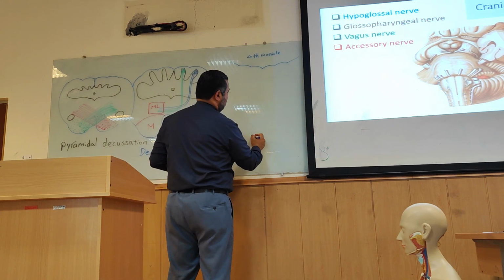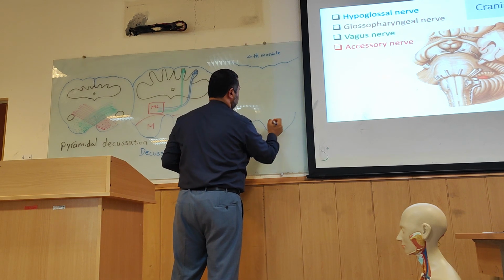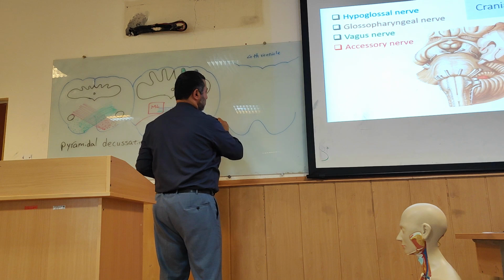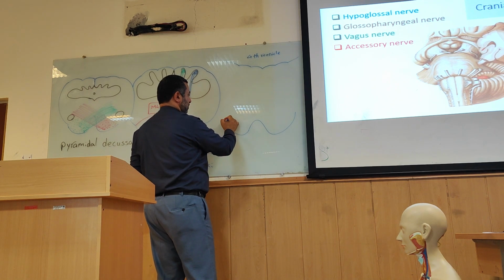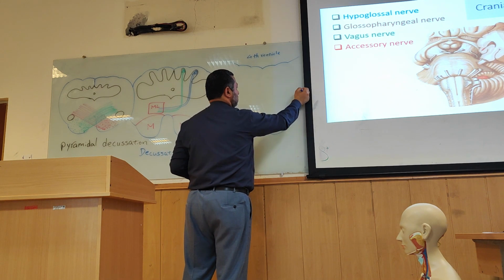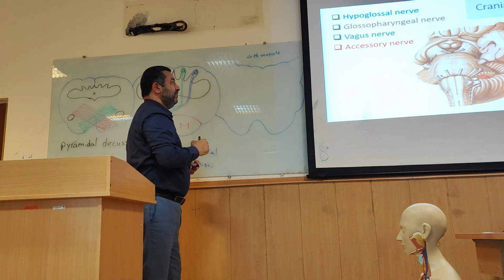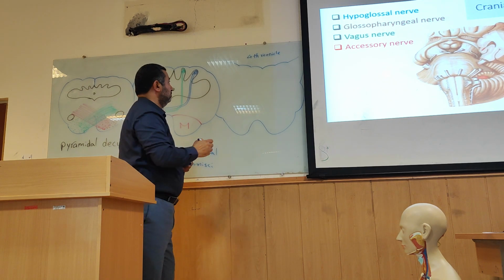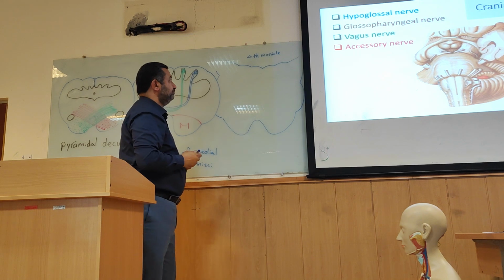And the anterior surface of the open part has two elevations that are called pyramids. Yeah? Here is the anterolateral sulcus and olive, and here is the inferior cerebellar peduncle.